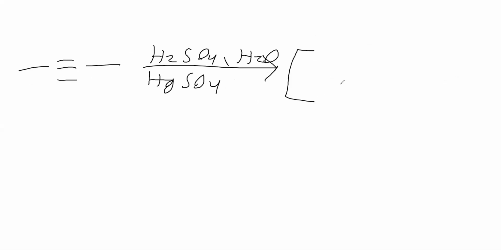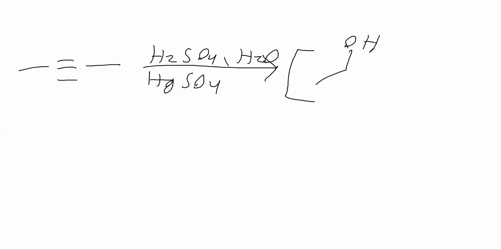Okay. Getting close to the end. So these conditions will lead to hydration of the triple bond. And like you all pointed out earlier, there is an intermediate, which I now have.